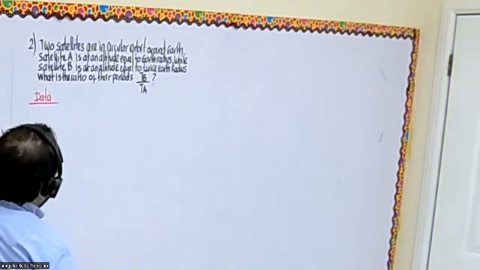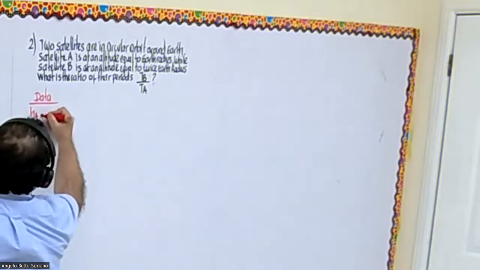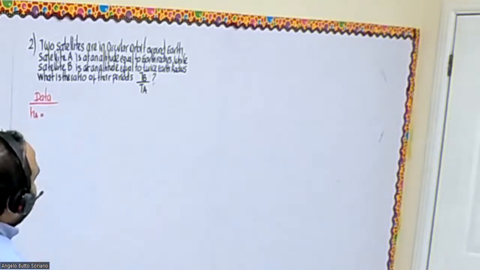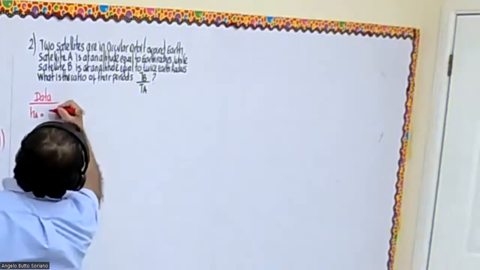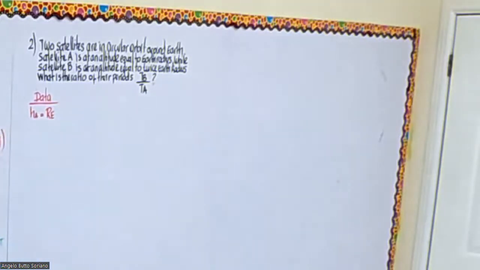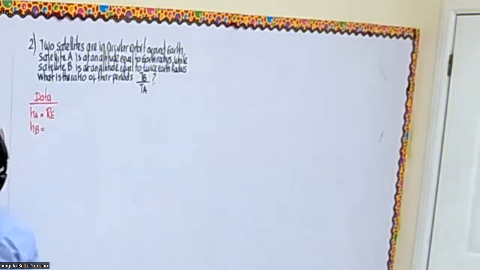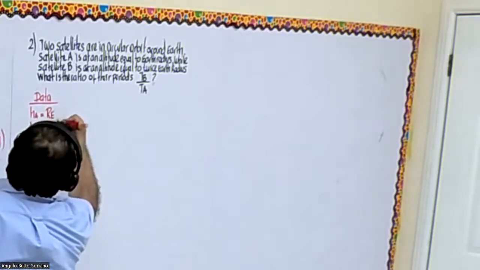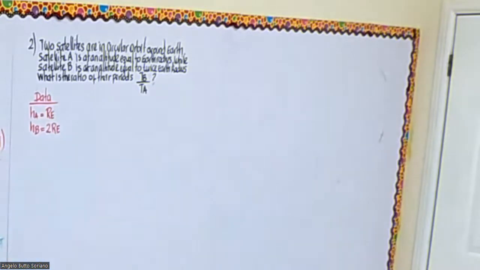For example, the first altitude, altitude A, is supposed to be equal to the radius of the Earth. Meanwhile, altitude B is supposed to be equal to double the Earth radius, according to what the problem says. All right.